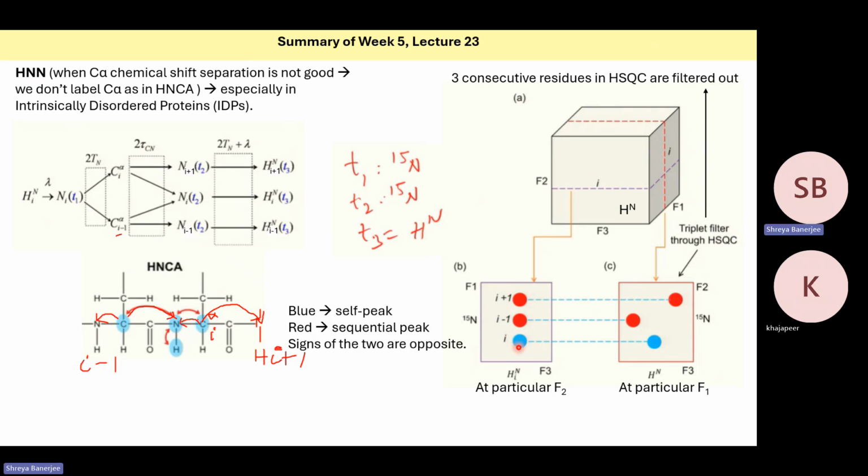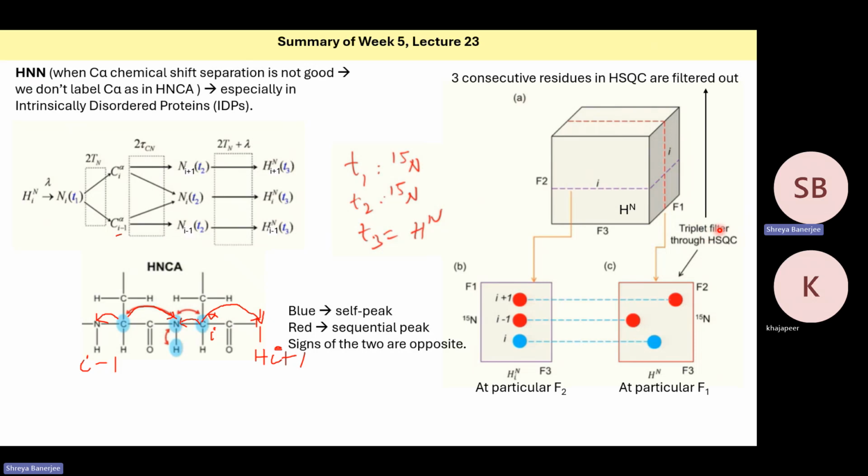The blue peak is a self peak, transferred within the same amino acid, and the red peaks are the sequential peaks, sorry, not cross peaks, that are transferred to the previous and the next amino acid. In this kind of cross section, you will observe three peaks, I minus 1, I and I plus 1, and whatever the sign of the peak I, the sign of the other two peaks will be opposite.